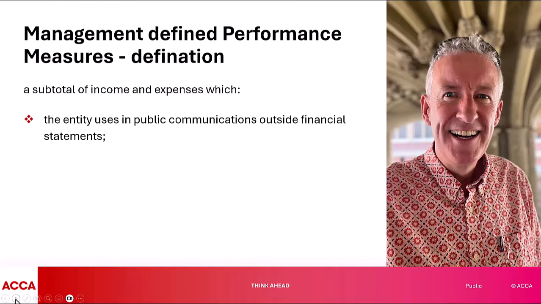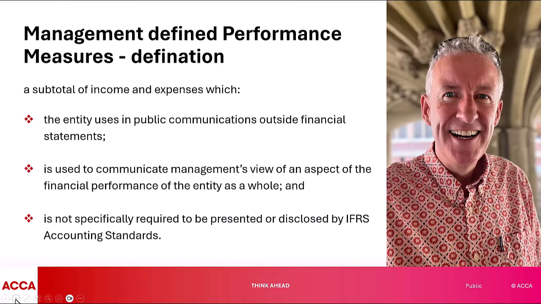It's some sort of adjusted figure that the management have defined. It's a subtotal of income and expenses which the business uses. Okay, so it's not free cash flow, because that's to do with cash flow. And by the way, it's not profit before tax or gross profit, because they are specifically excluded.